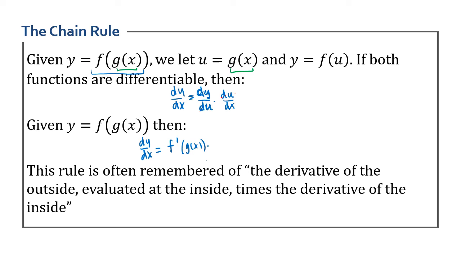Then you find the derivative of the inside function. So what we're going to be doing for a little while is I'm going to stick with doing Leibniz notation just so that you guys can see this process, and then we'll switch over to doing it the prime way once you see where everything is coming from.